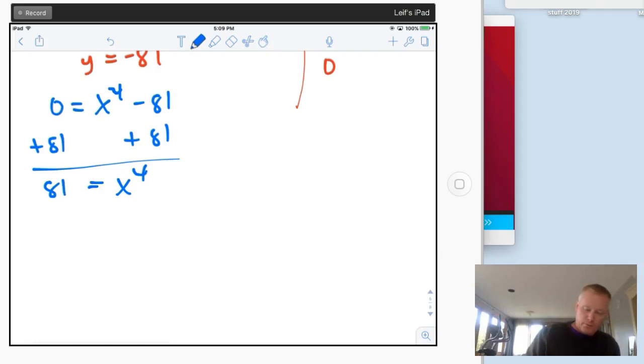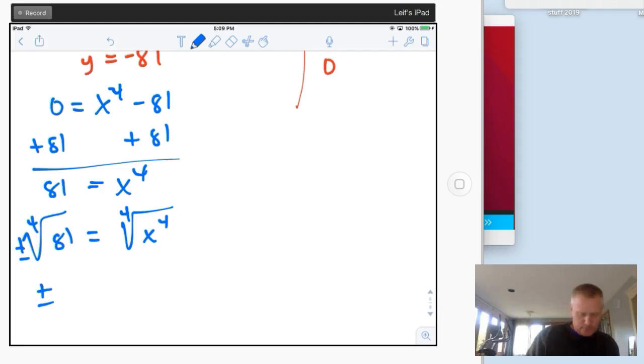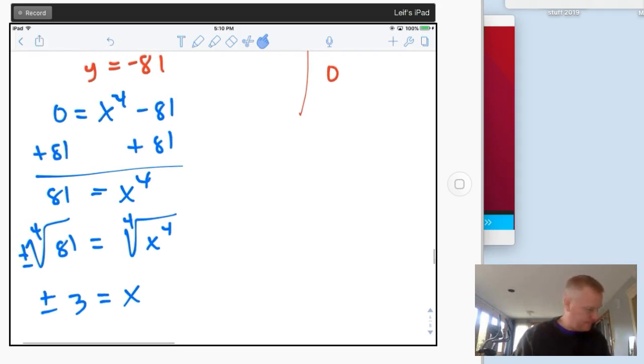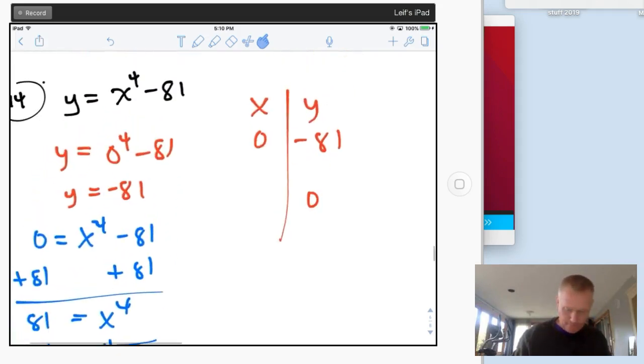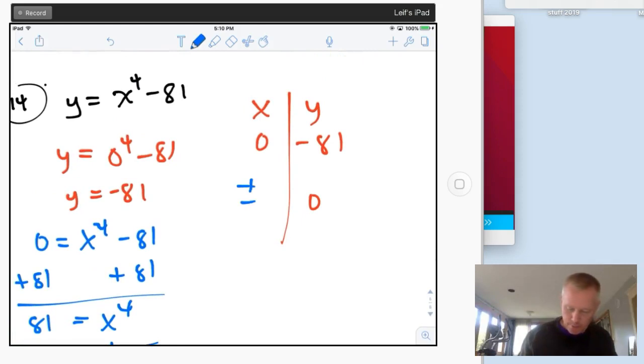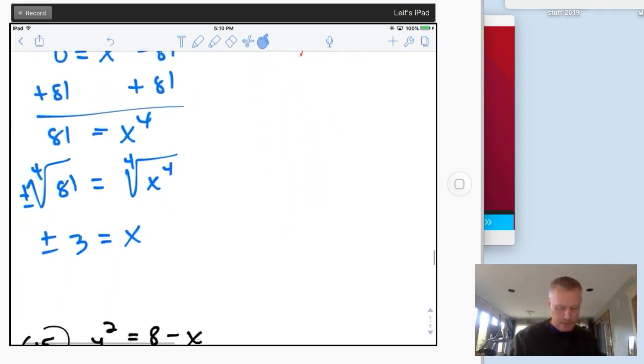I'll take the 4th root of both sides, remembering I've got to take plus or minus there. So I get plus or minus 3 equals x. Yep. Sorry, I was just double checking my notes. All right, 2 answers, plus or minus 3. There we go.